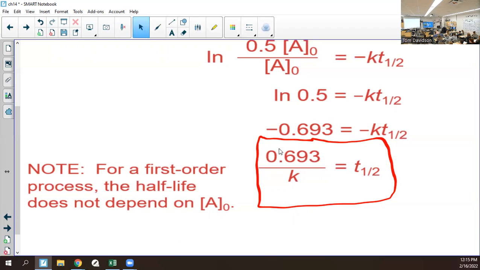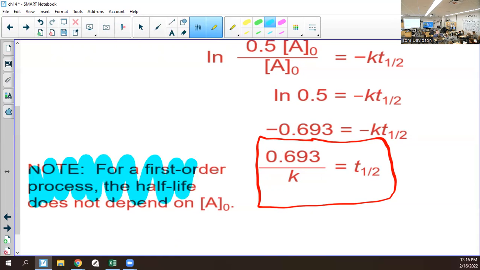All right. Now, this is pretty interesting, and they test this often. So for the first order process, the half-life is not dependent on the concentration of [A]0. It doesn't matter what we start with. The time it takes for half of it to disappear is always equal to 0.693 over the rate constant.